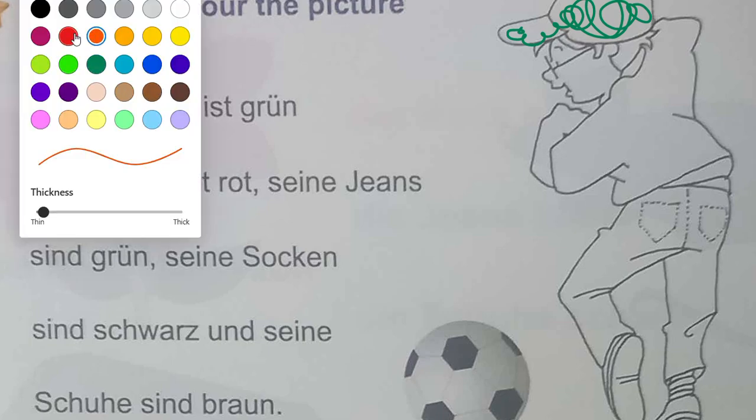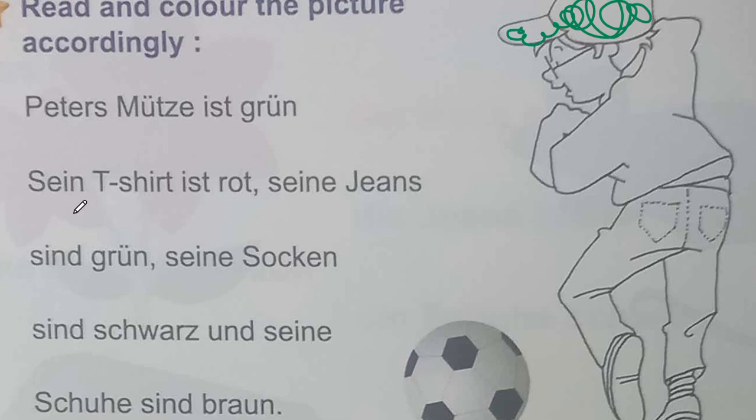Next you see sein. Sein means his. We have learned this in the previous chapter where we learned words like mein, dein, sein. Sein T-Shirt ist rot. Rot is red. So we'll go ahead and give it some red color.